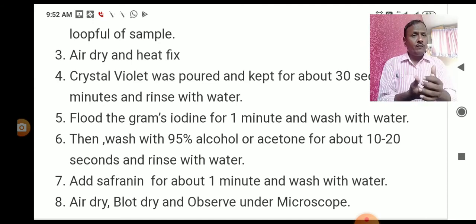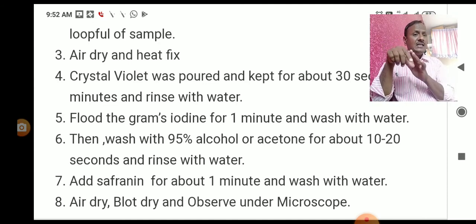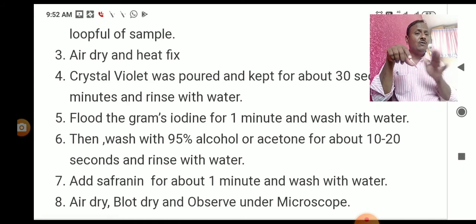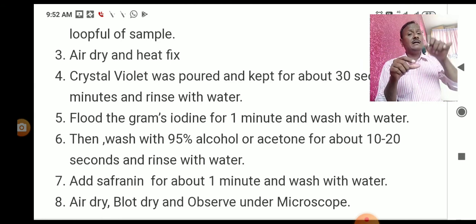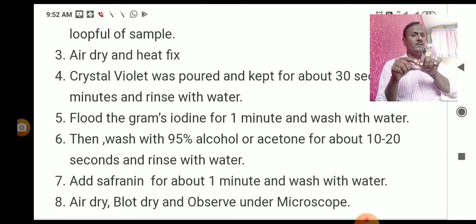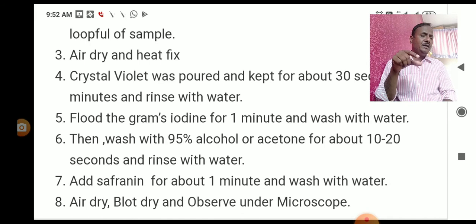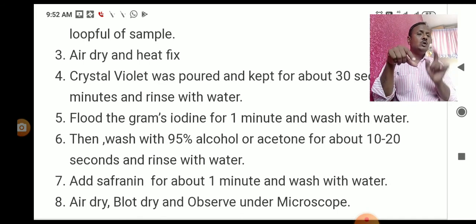After completion, remove the stain under slow running tap water. After that, add gram's iodine, the other stain, on the smear. Keep for 1 minute, and then remove it again under slow running tap water.